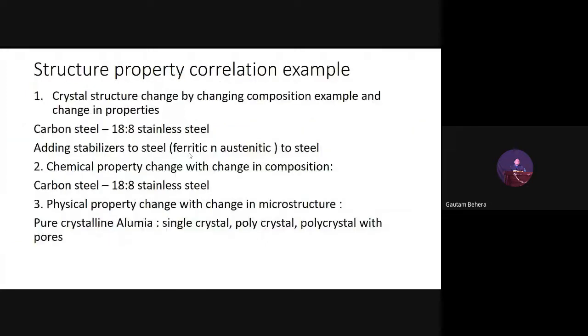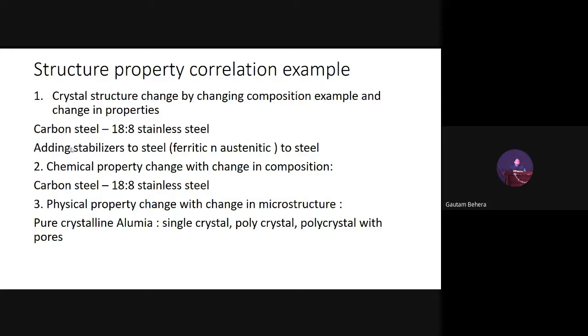It depends on the composition, but due to 8% of nickel, you are getting some FCC structure. So here the crystal structure is getting changed. By changing the composition, you can change the structure, and property is also enhanced. The corrosion property will be more here, oxidation property will be more here, the strength will also be more here, as compared to this one.